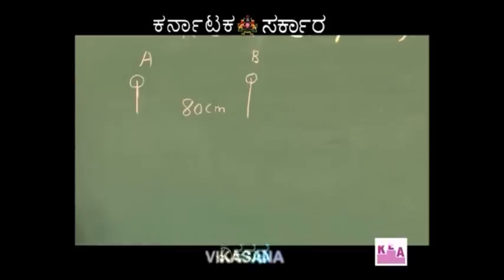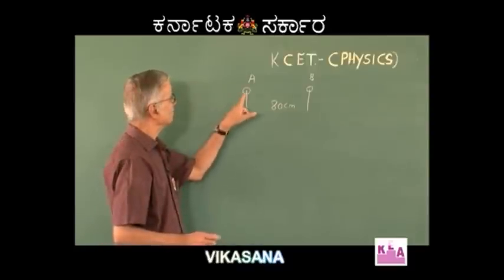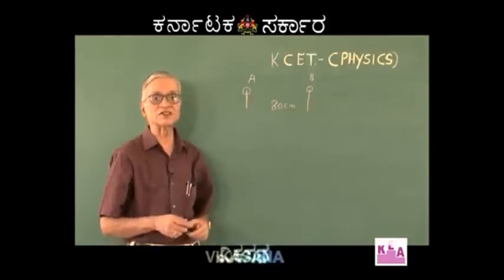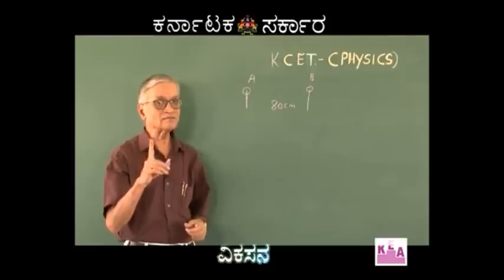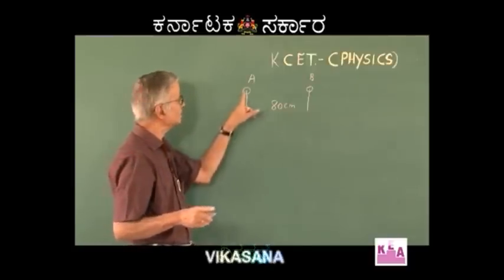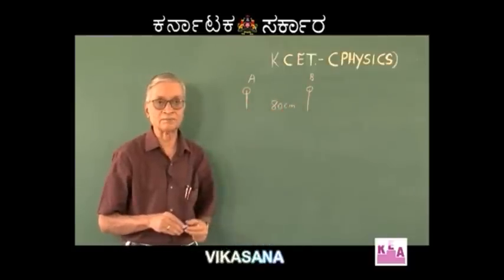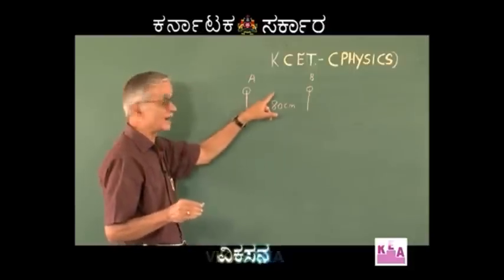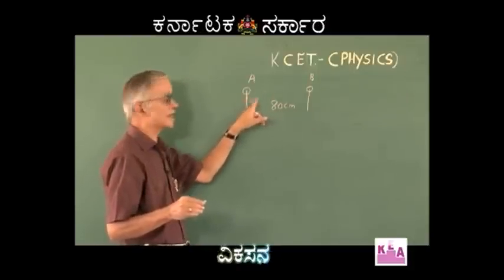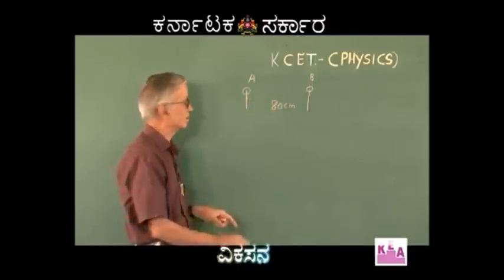I hope you remember, just today itself, I told that if the charges are of the same nature, the null point, that is the point of zero intensity, must lie between the two charges, such that the point is closer to the smaller of the two charges.